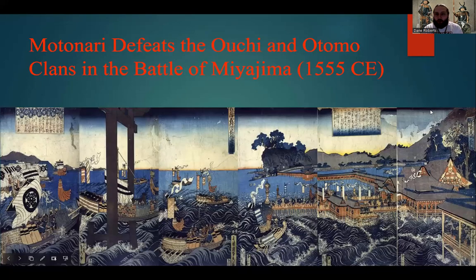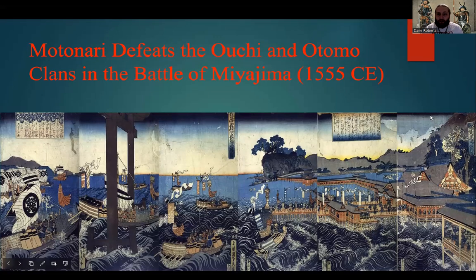And eventually he would defeat all three of these clans in many battles, such as the Battle of Miyajima, where he defeated the Ochi and the Otomi clans. And this is an incredibly interesting set of battles because one, the Mori utilized their superior navy.